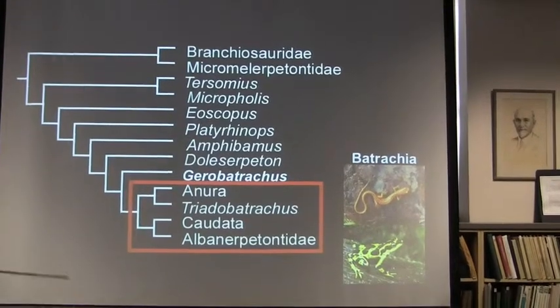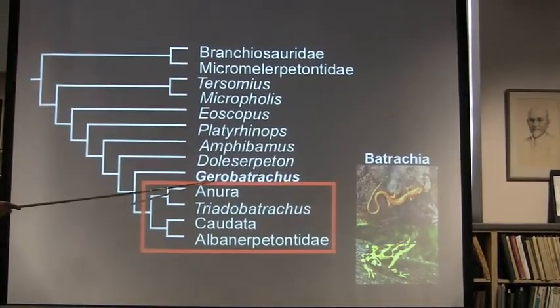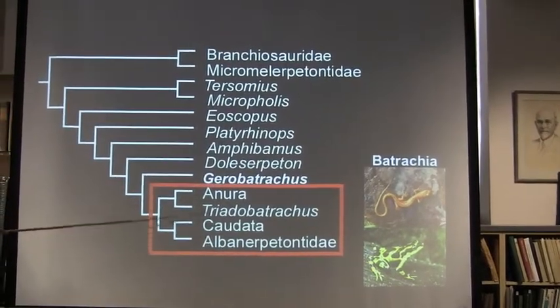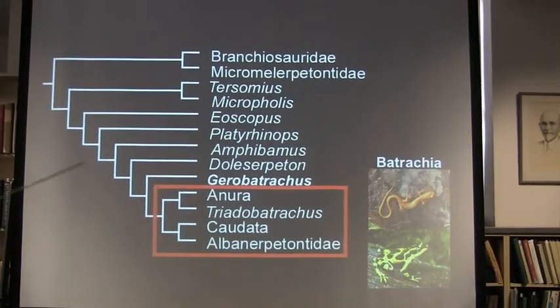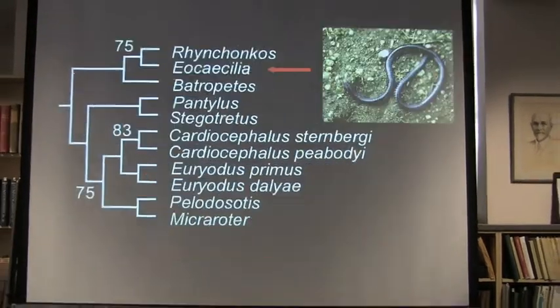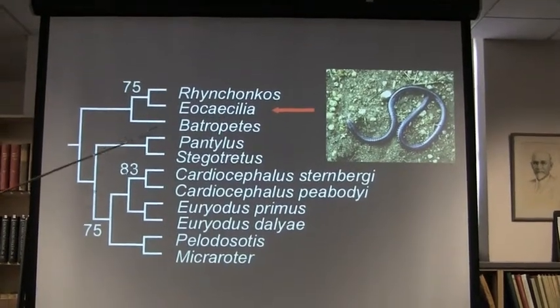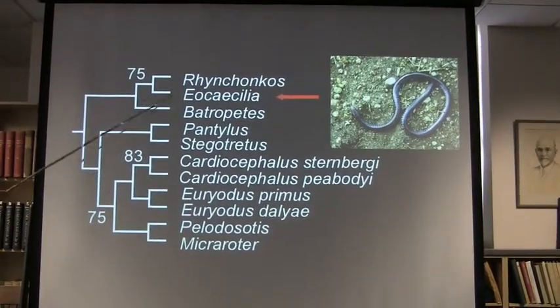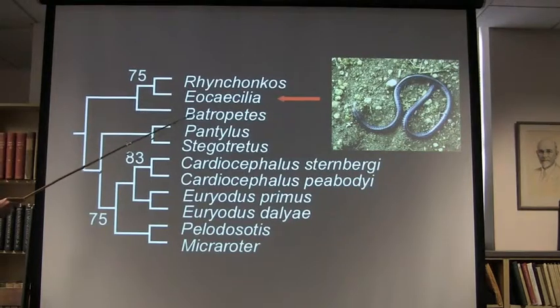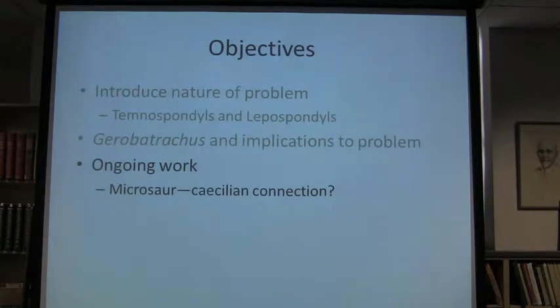Our results from this paper in 2008 suggest Gerobatrachus is sister taxon to batrachians, so frogs and salamanders exclusive of caecilians, and caecilians themselves are displaced within these microsaurs, within these lepospondyls, specifically associated with two particular types of microsaur, which is an unanticipated result. It is supportive of this polyphyly hypothesis. So a little from column A, a little from column B.